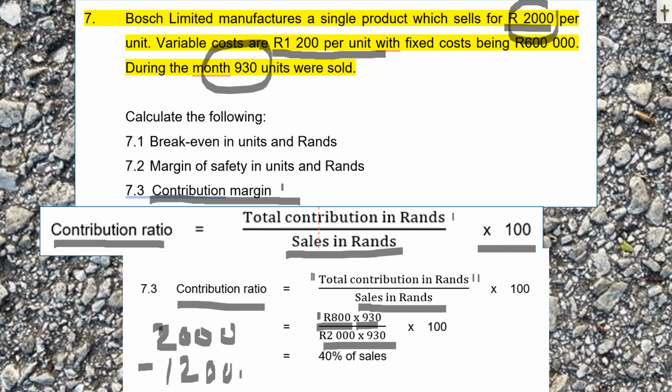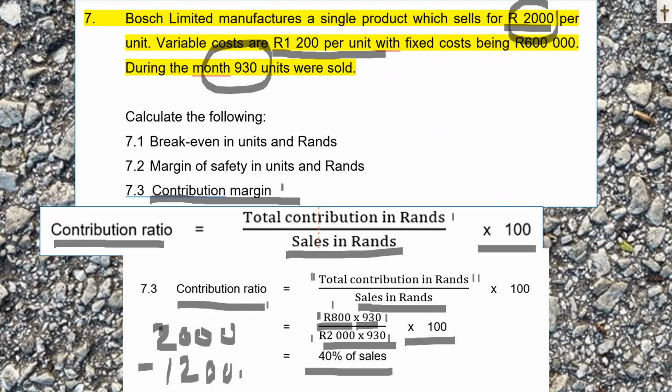So there we have the contribution per unit multiplied by the number of units sold, over the selling price times the number of units sold, multiplied by 100. And that will give you 40% of sales as the contribution ratio. So that's the contribution ratio, 40% of sales.